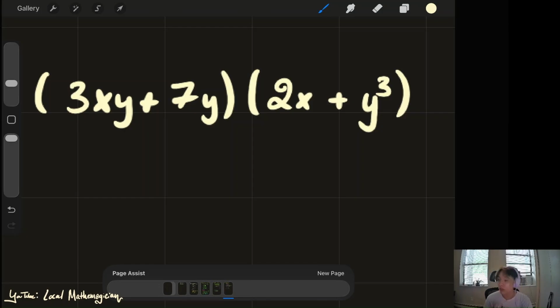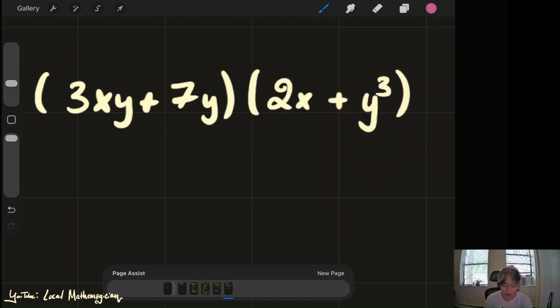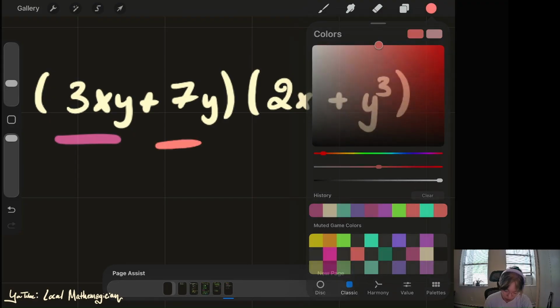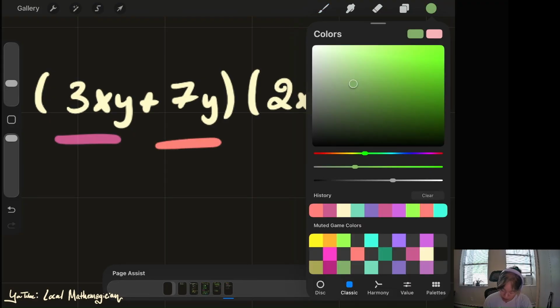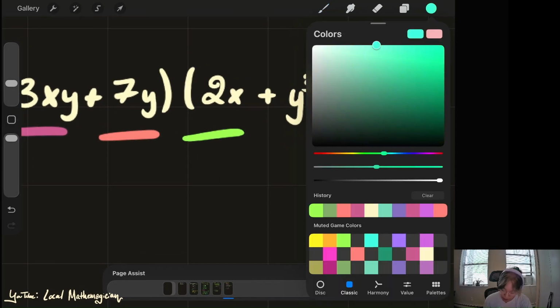Okay? Same exact process. I'm going to color code. Again, you don't have to, as long as you stay organized. I don't care what you do. So I'm going to call this 1, this 2, this 3, and this 4.